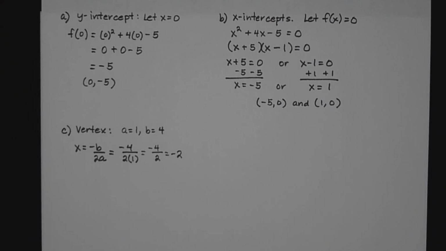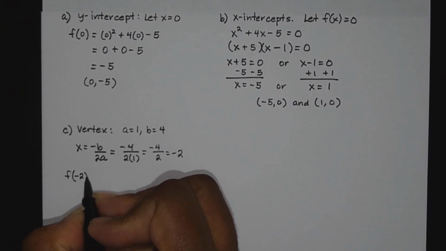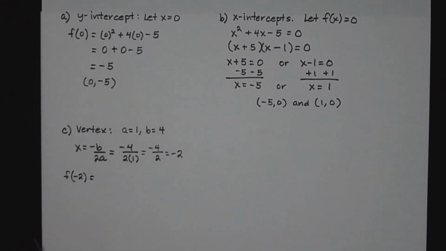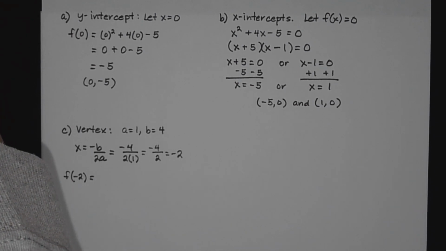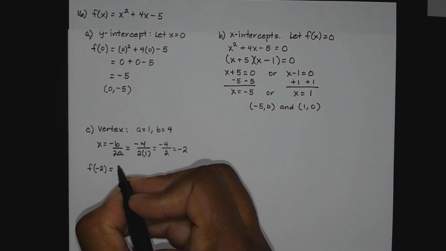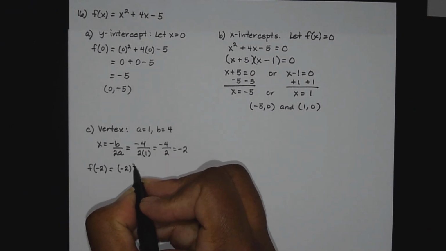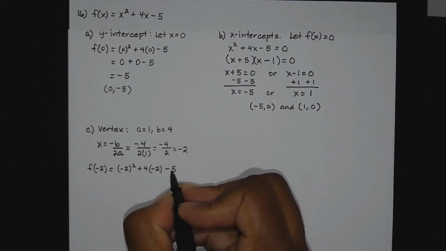Now to find the y-coordinate of the vertex, we're going to take that x equals negative 2 and substitute it for x in our f of x function. So f of negative 2 is equal to negative 2 squared, plus 4 times negative 2, minus 5.